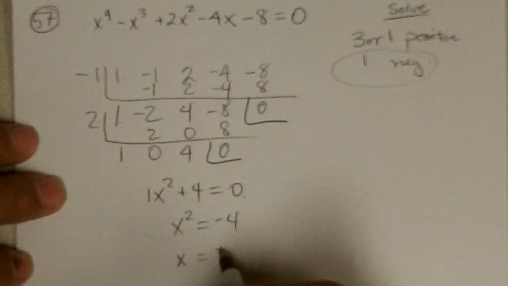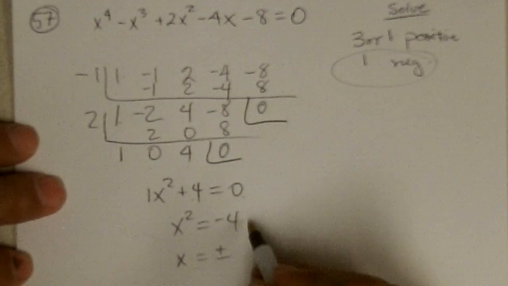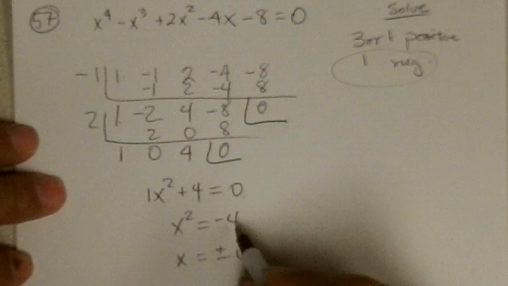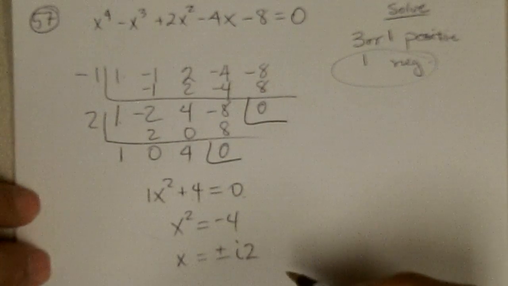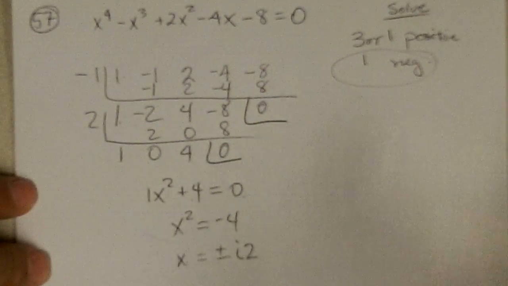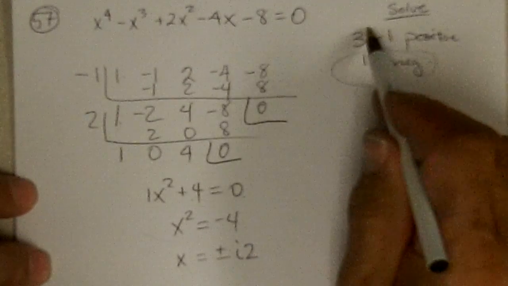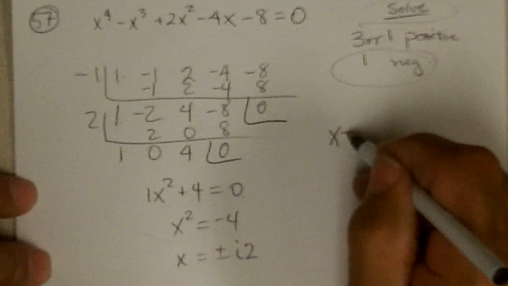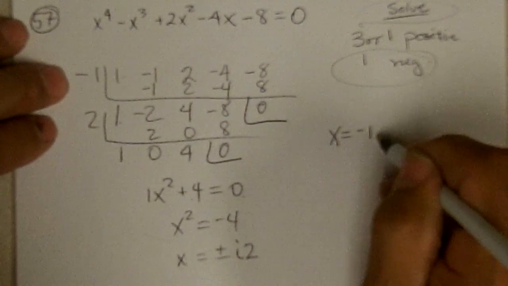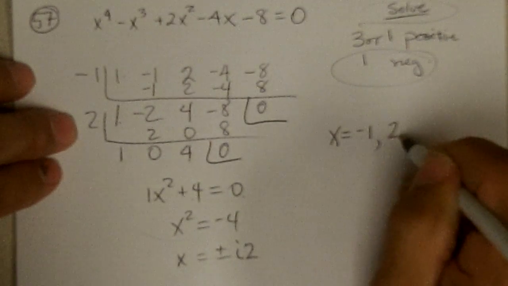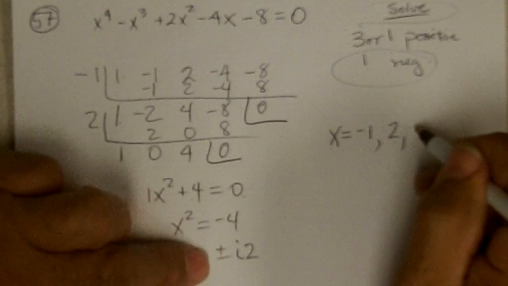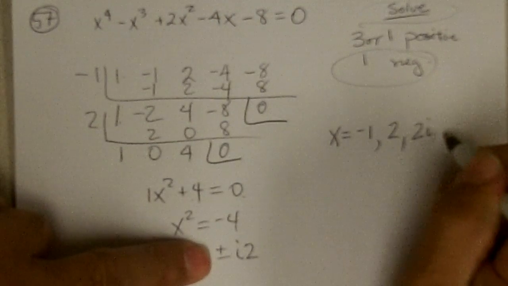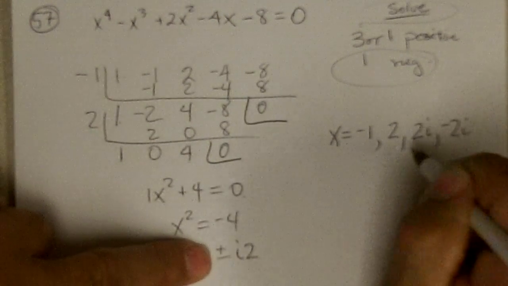And x would equal plus or minus the square root of -4. Square root of negative is i, and square root of 4 is 2. So my solutions are, it says to solve, so x can equal -1, 2, 2i, and -2i.